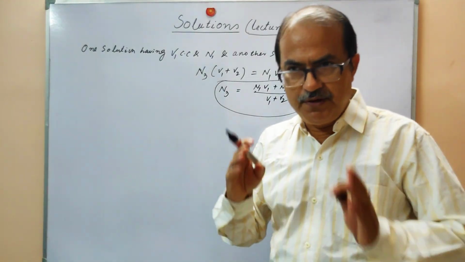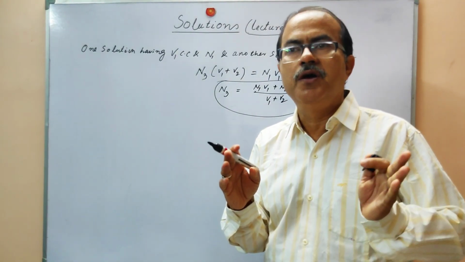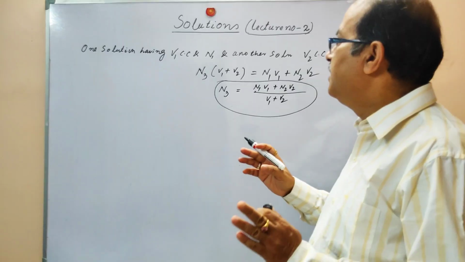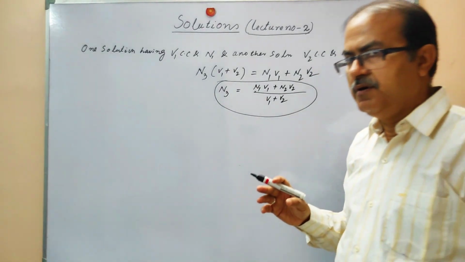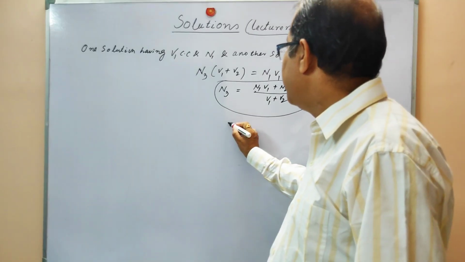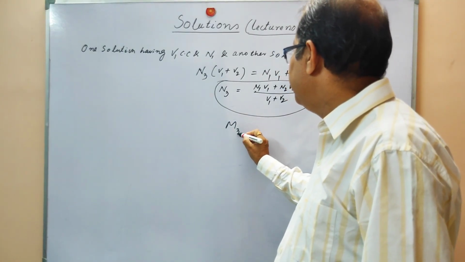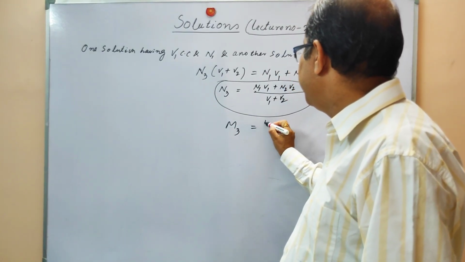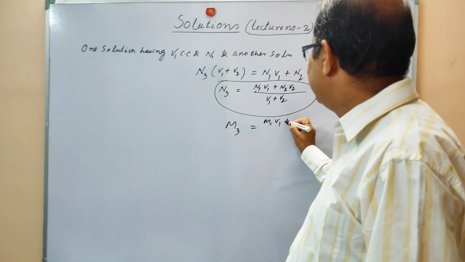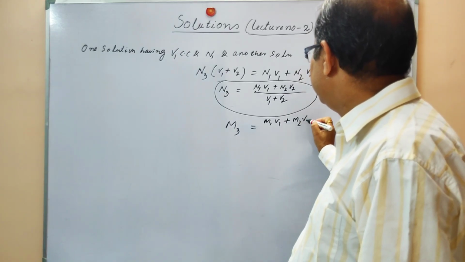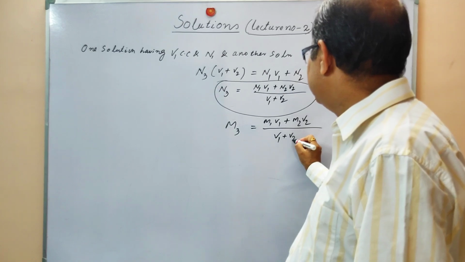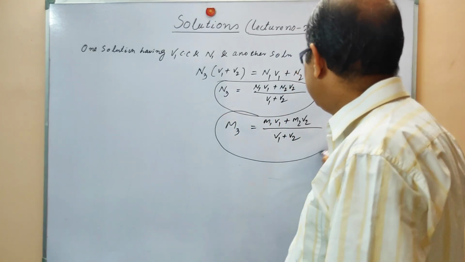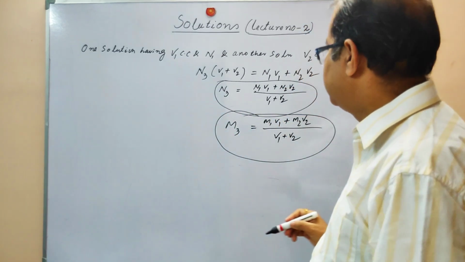Suppose the two solutions have different molarities, M1 and M2, and volumes V1 and V2. Then the molarity M3 will be given by M1 V1 plus M2 V2 divided by V1 plus V2. So these are two very important relationships.